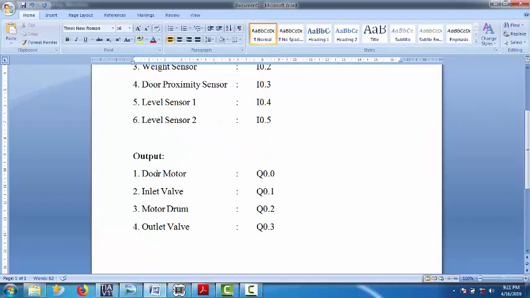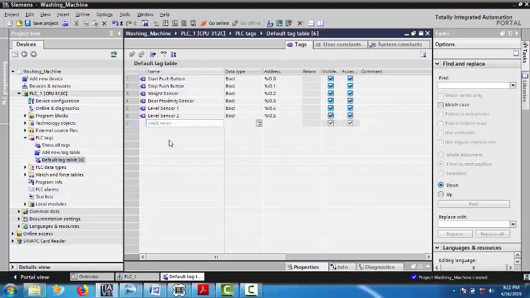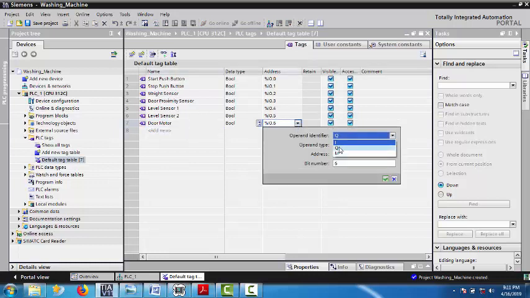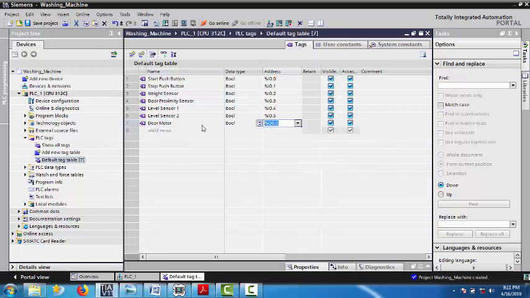Next is outputs: door motor, inlet valve, drum motor, and outlet valve. The door motor closes the door. It is an output, so it will be Q 0.0. After that there will be an inlet valve, Q 0.1.